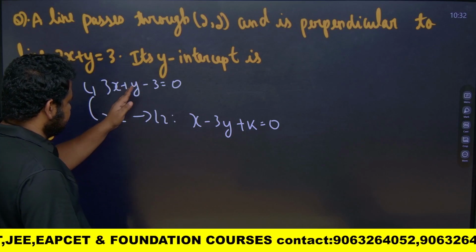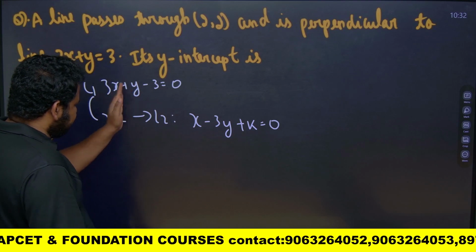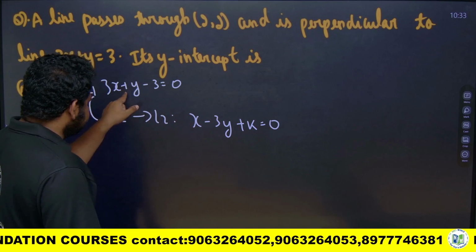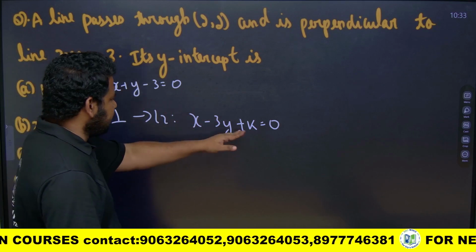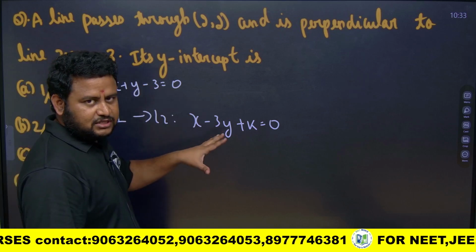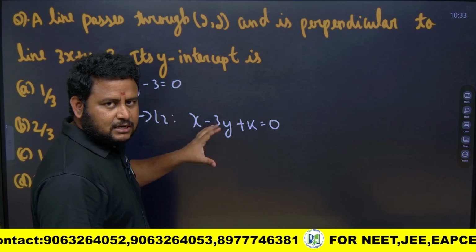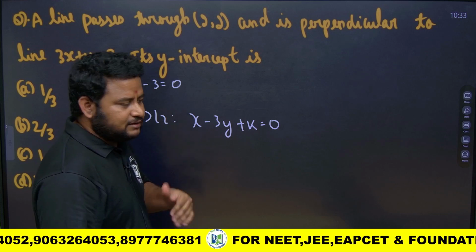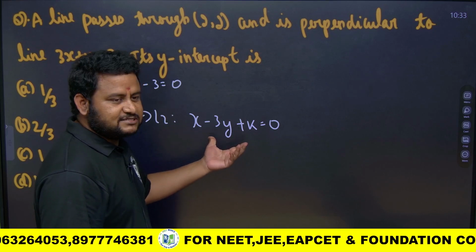So, crisscross method: the coefficient of y will become the coefficient of x and the coefficient of x will become the coefficient of y, but here it is plus, here it will become minus. This is a line perpendicular to the given line. As I told in the previous slide, that is the concept of perpendicular lines, how to write a perpendicular line for a given line. Like that I have written here x minus 3y plus k is equal to 0.